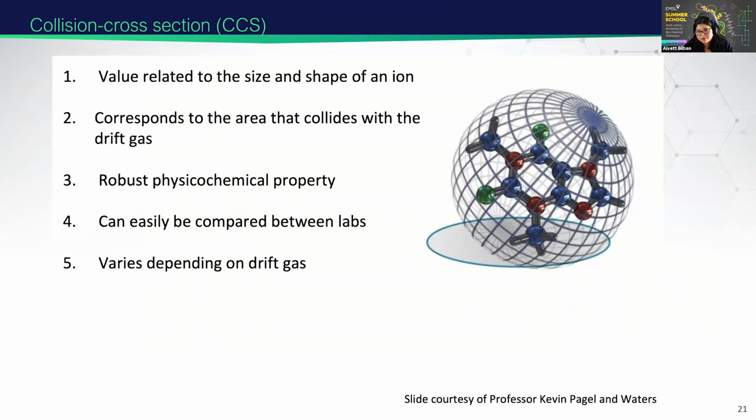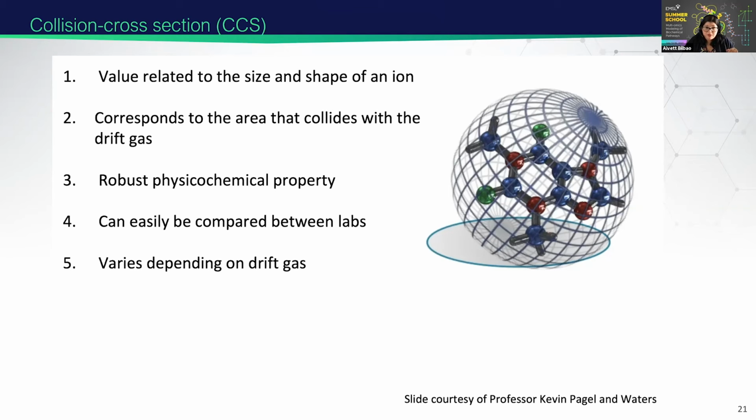Why do we care about ion mobility, besides adding this separation dimension that helps to acquire better quality spectra and characterize the molecules better? There is a property of the molecule called collision cross-section that can be derived from the ion mobility separation measurements.